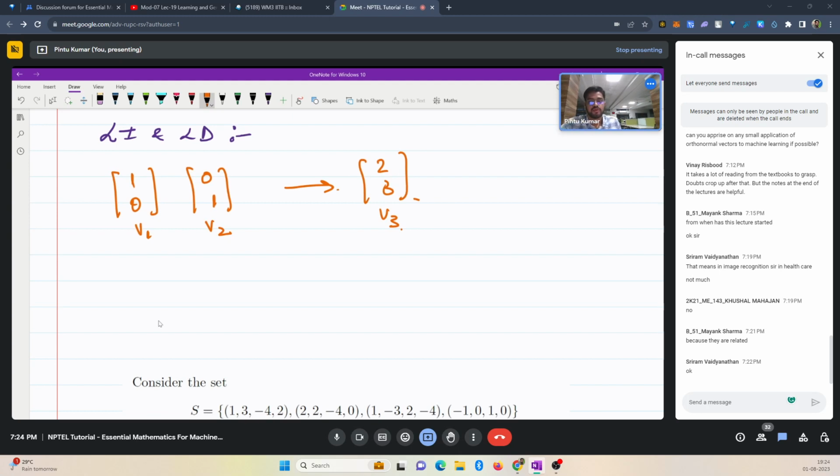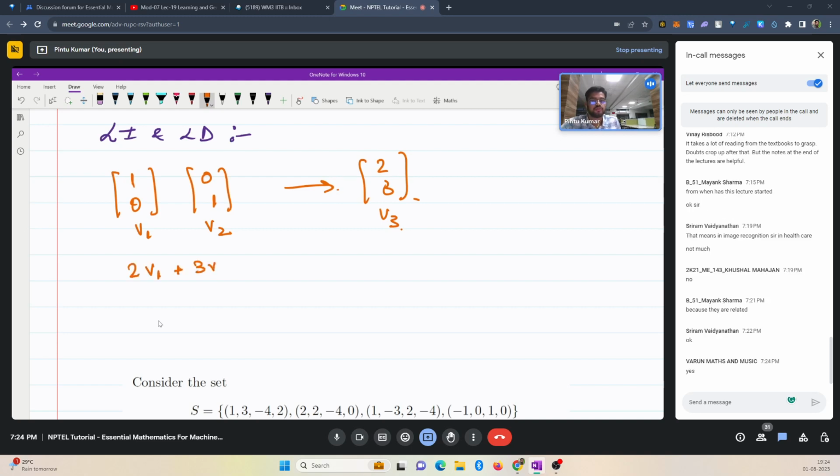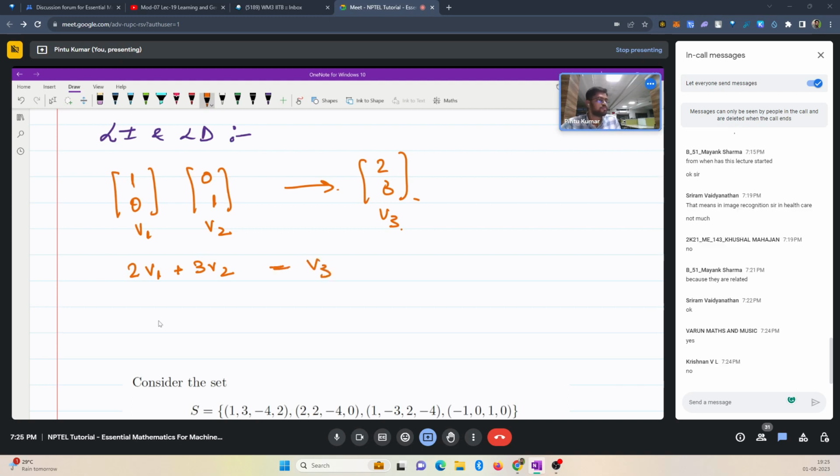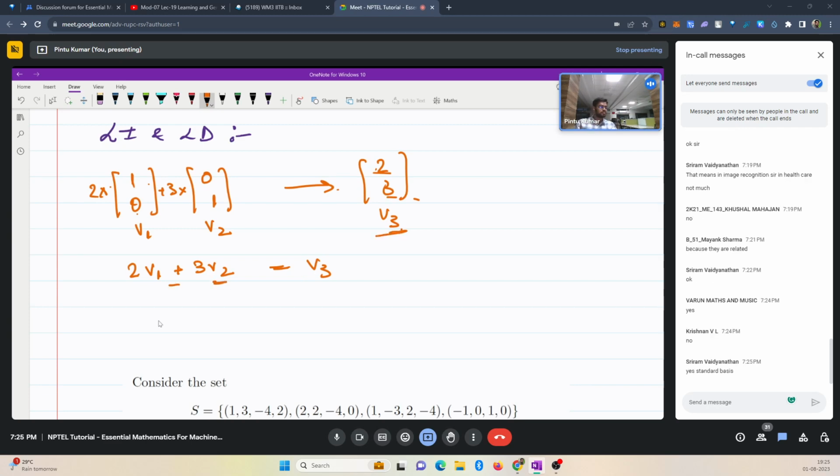If we take 2 times v1 plus 3 times v2, we obtain (2, 3), which is v3. So we can write v3 as a linear combination of v1 and v2.